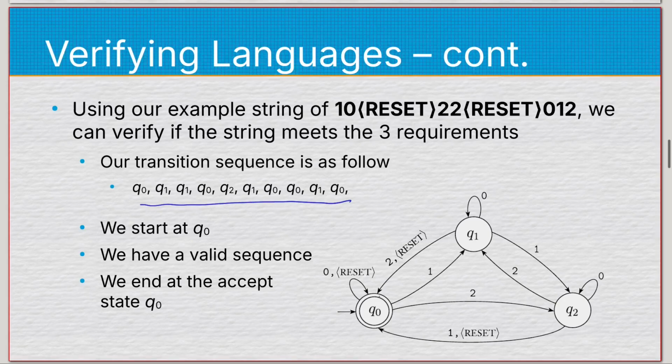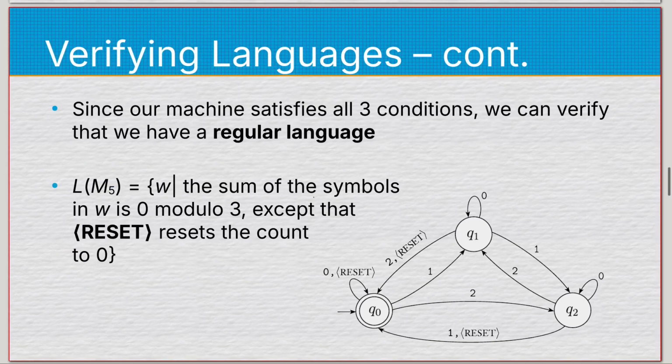We have a start state of Q0, and an accept state at Q0 as well. So all 3 of these are met, and we can characterize its language as all strings where the sum of the symbols in W is 0 modulo 3, except that reset resets the count to 0. That's kind of the idea of this.